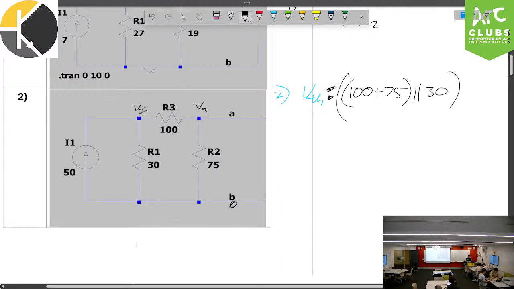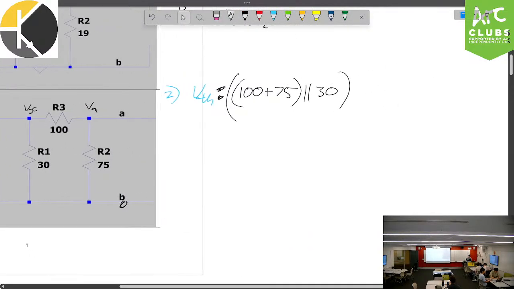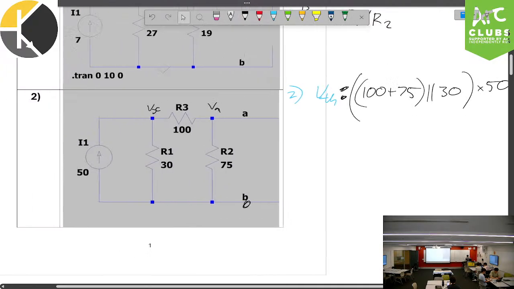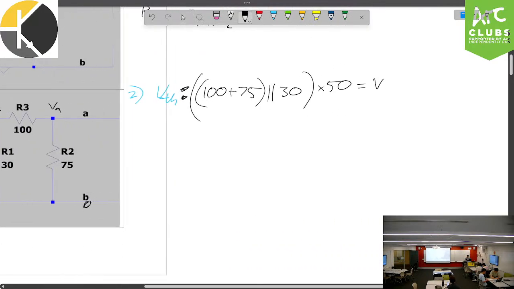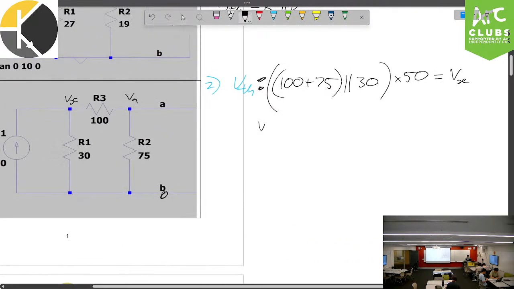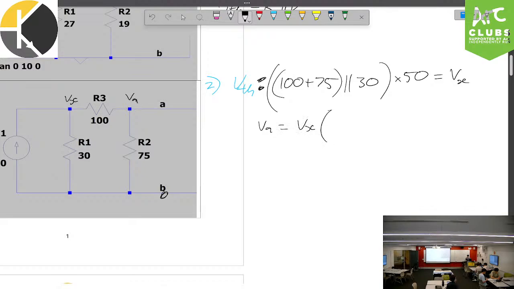So that's our equivalent resistance right here, and we know how much current is going through that. The current going through that is going to be 50 amps, so times 50. This much is going to be equal to Vx. Alright? We know that VA is just a voltage division of Vx. So we say VA equals Vx times the voltage divider. We're finding voltage of this one, this 75. So we put the 75 up the top over 100 plus 75.